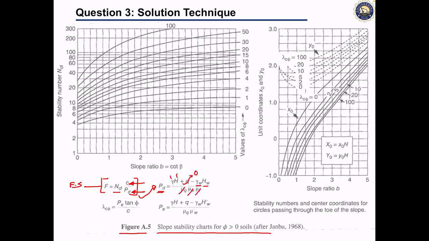So we can determine PD. We can also determine P subscript E, which will help us get lambda C phi. Once you know this lambda C phi, we can come onto this graph and use the slope ratio. From there, we can determine this NCF.